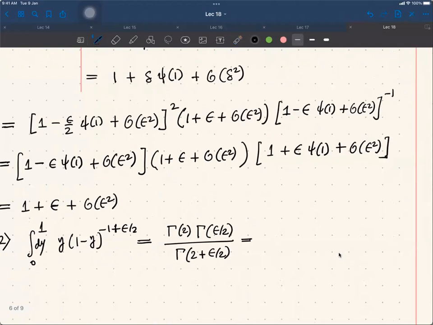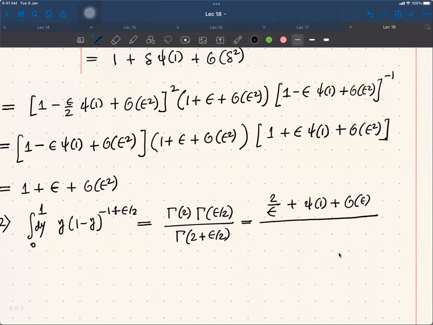So gamma 2 is 1, and then gamma epsilon by 2 is 2 over epsilon plus psi 1 plus order epsilon.